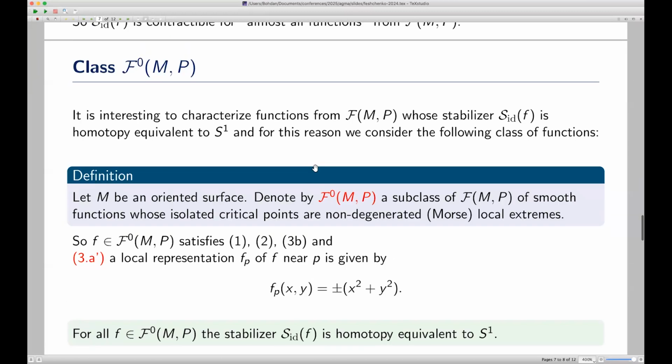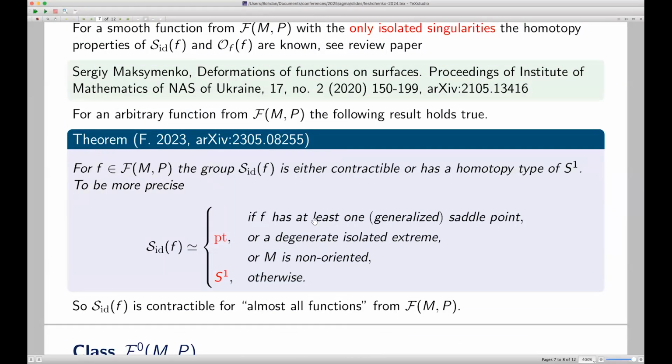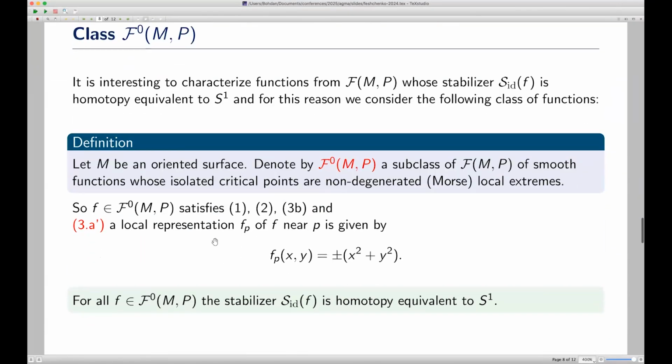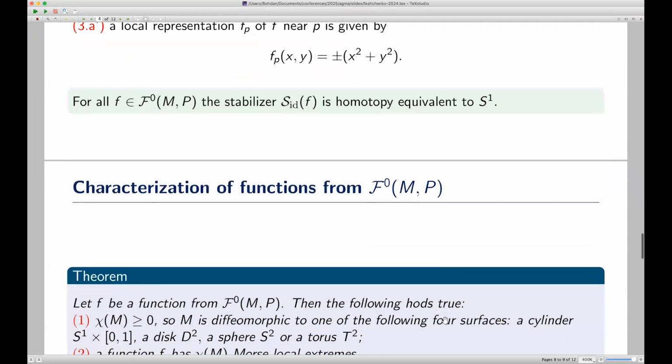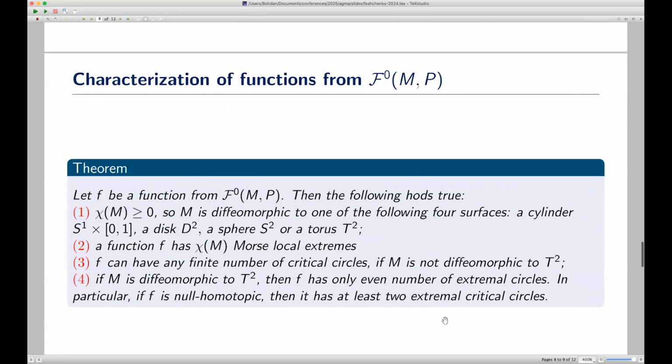And so, due to this result, for all functions from this class, the stabilizer is homotopy equivalent to a circle. And the following theorem holds true.